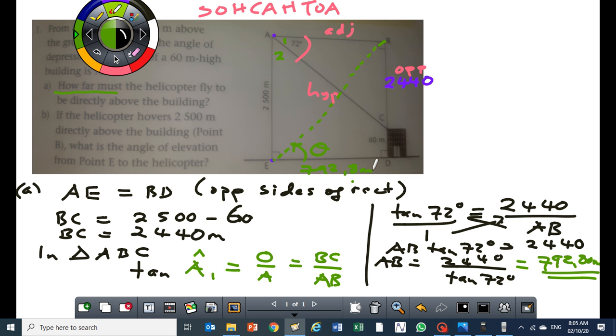So I can now easily find theta, which is the angle of elevation, by using the length ED and the length of AE, which is equivalent to BD. And then I can calculate that angle theta.